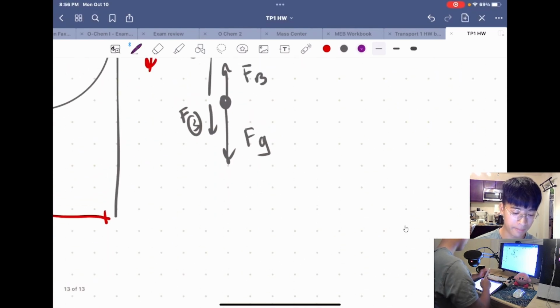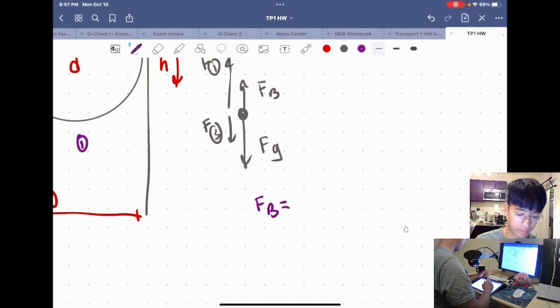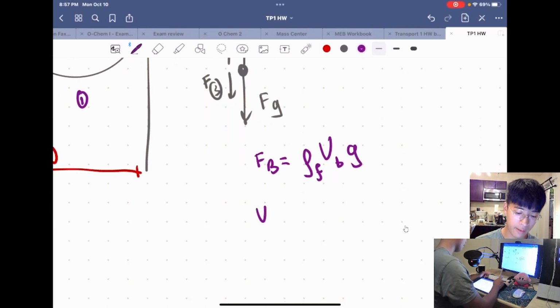So FB, the buoyant force. How is the buoyant force represented? It's rho V g. So FB is equal to the density of the fluid displaced multiplied by the volume of the ball, lowercase b, multiplied by g. And Fg is equal to mg.